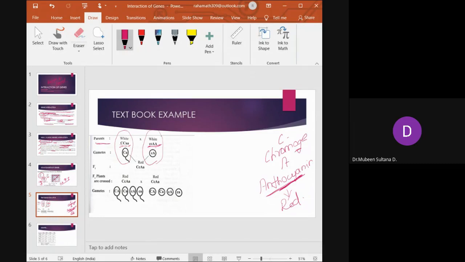But in the next level, the F1 generation, you take CA from this parent and CA from this parent, and when you combine these gametes you get the F1 generation, which has capital C, capital A, small a. So it has the dominant character chromogen and the dominant character anthocyanin. So ultimately, this plant will have a red flower. Am I clear to all of you?